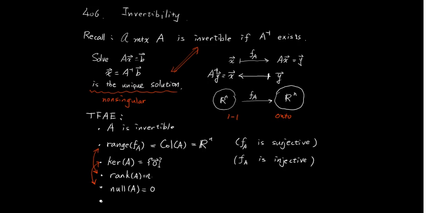The last one that is our focus today: if you want to know whether a matrix is invertible or not, then you can calculate its determinant. If its determinant is non-zero, then it is invertible, and vice versa.